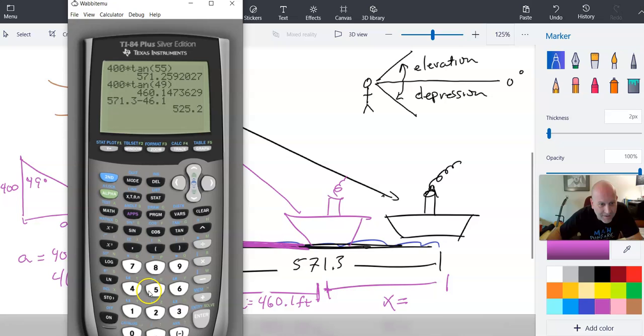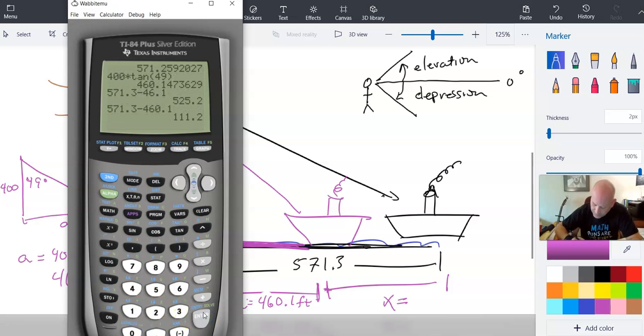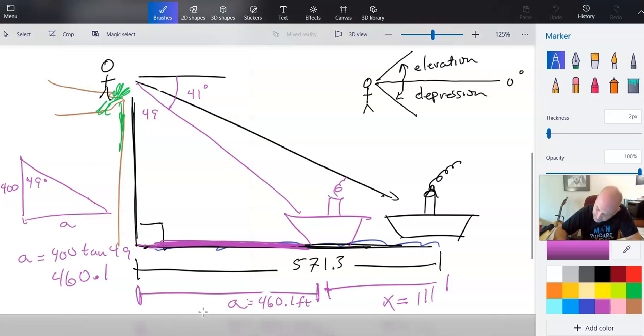Let's try that again. 571.3. It's always a good idea to double check your entry. 460.1. There we go. That'll be better. So 111.2. So it's traveled 111.2 feet.